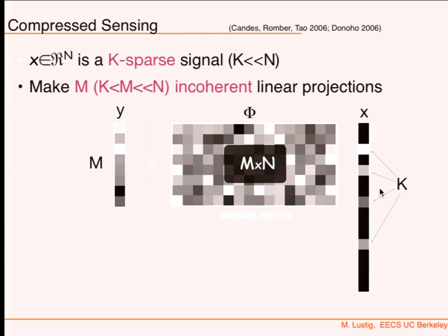Those are the assumptions that we're going to make. And the number of measurements is somewhere between k and n. It's less than n and slightly larger than k. That is the situation.